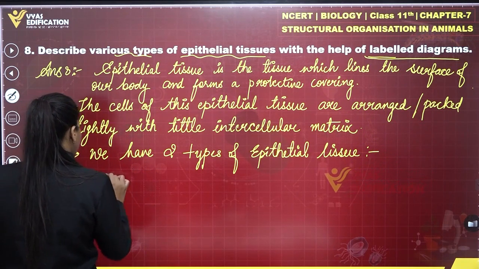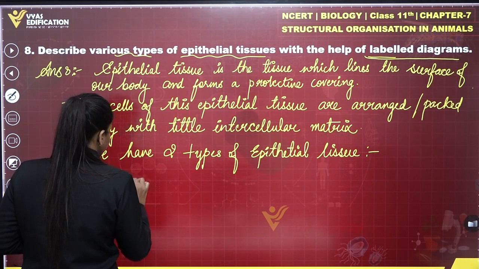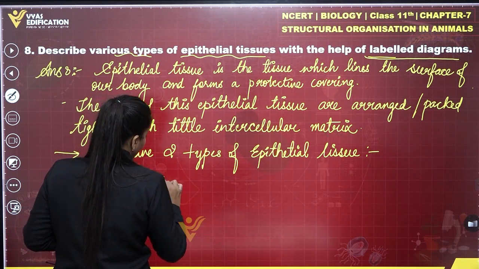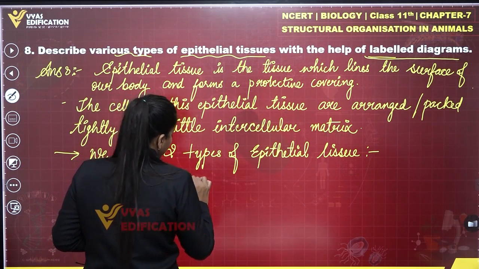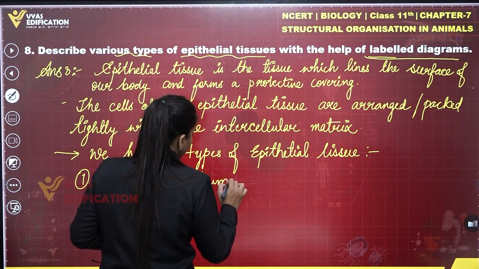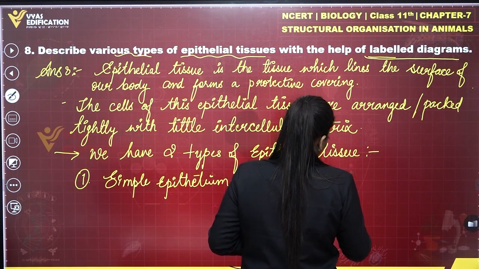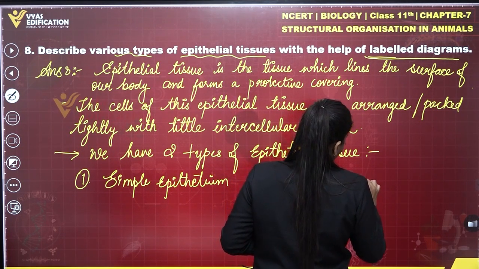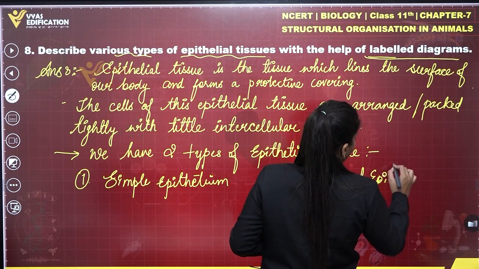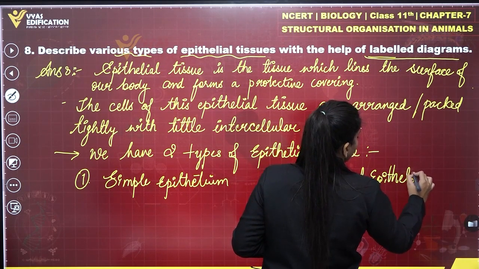So the number one we have is simple epithelium or simple epithelial tissue. The second one we have is compound epithelium or compound epithelial tissue.